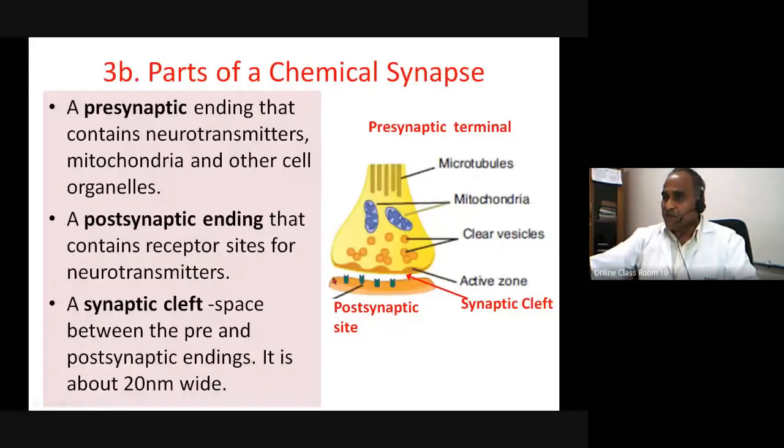The postsynaptic component, this is the postsynaptic component, wherein you have the neurotransmitter receptors to attach with the neurotransmitters. And the synaptic cleft is the space between the presynaptic terminal and the postsynaptic terminal.